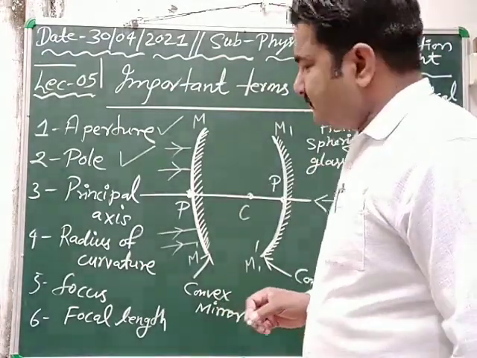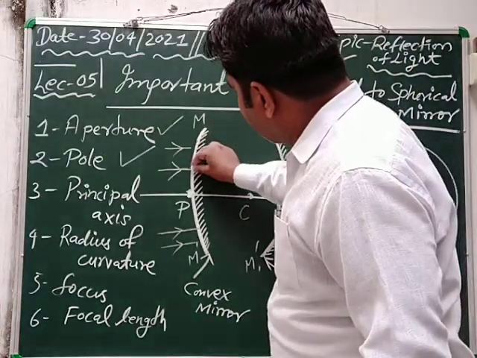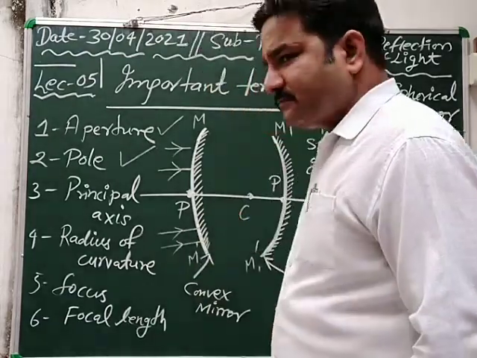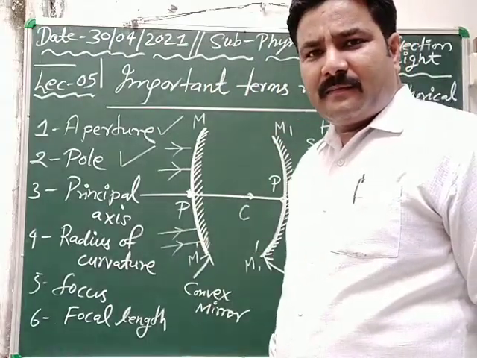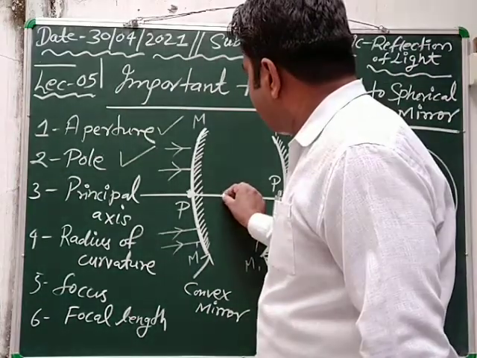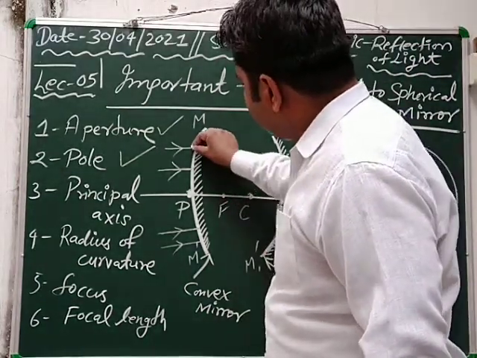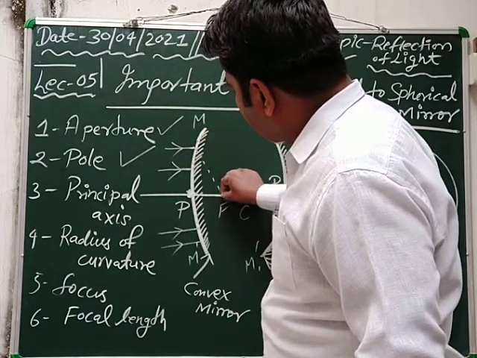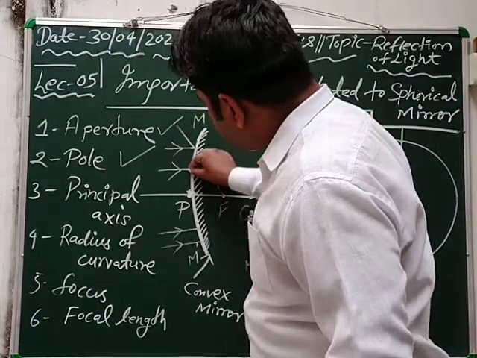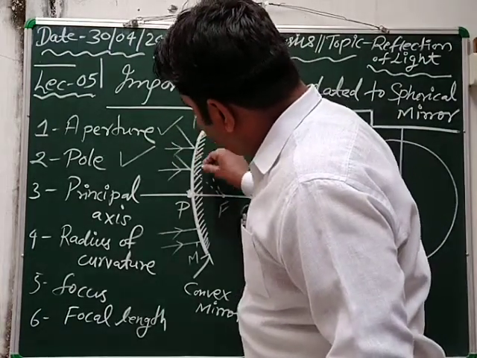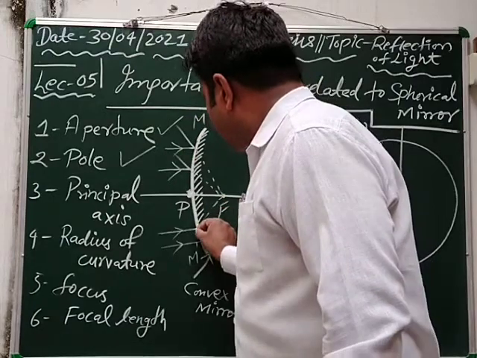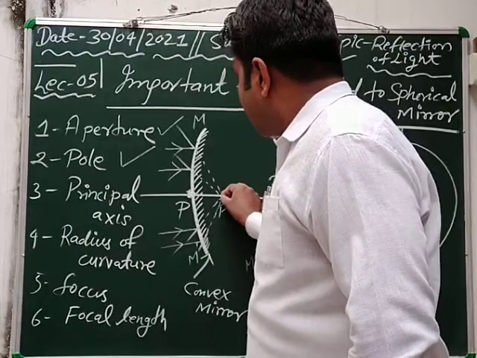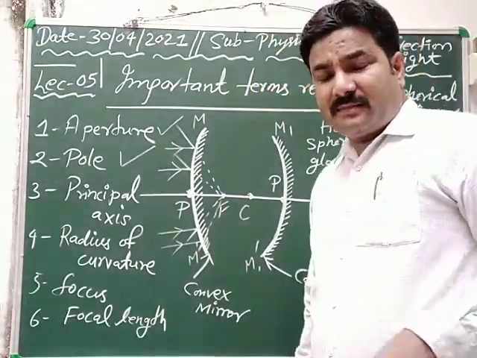Then after reflection, whenever they appear to be coming from a particular point on the principal axis, then that point is what?